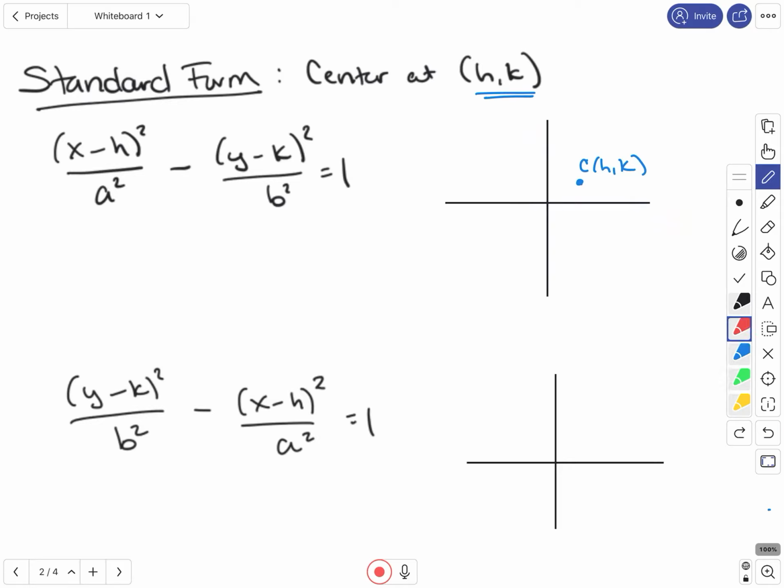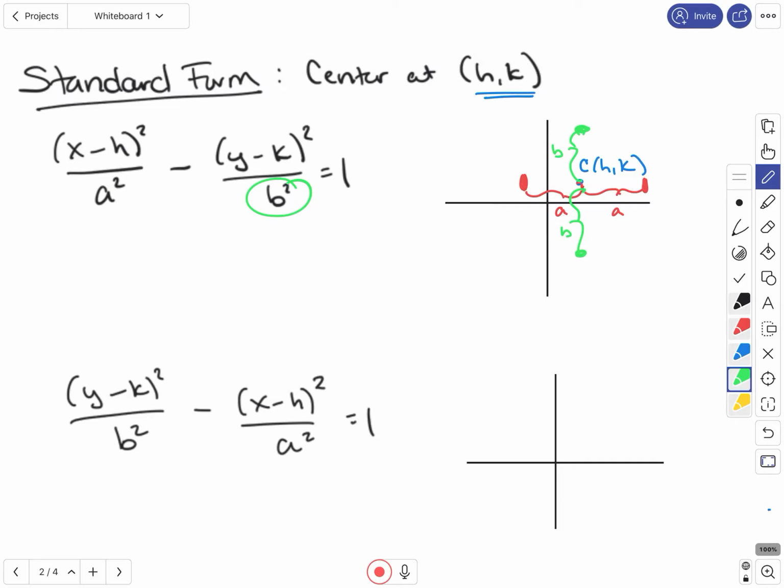I'm going to travel, just much like an ellipse, a units to the left and a units to the right. And if I were drawing an ellipse, those would be the endpoints of my ellipse. And I would travel, change this to green, in the y direction, the b squared, I'd travel b units up and b units down.